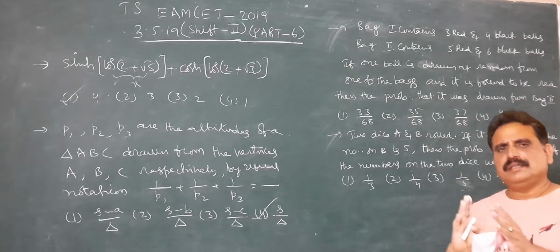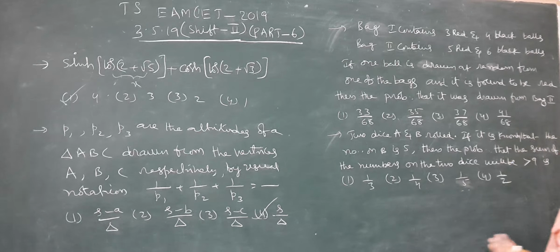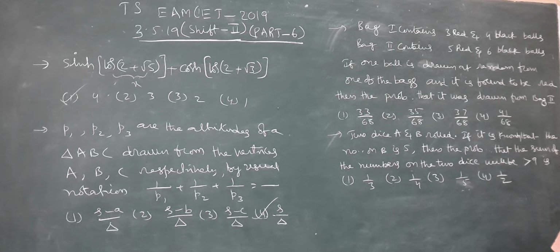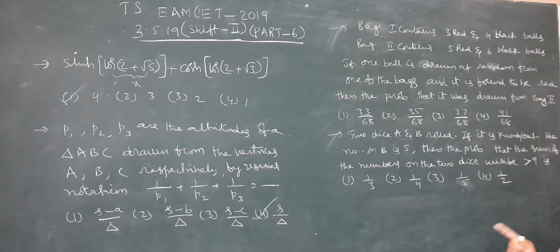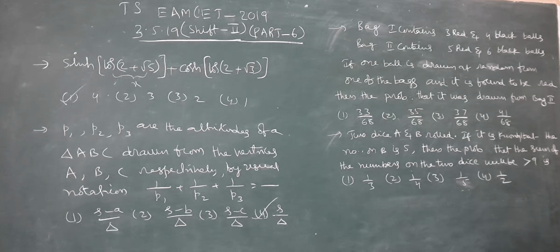Bag 1 contains such type of balls, data is given, bag 2 contains. What is the probability of the red ball from bag 2? It belongs to the Bayes theorem. You refer to Bayes theorem in regular concept, and you can directly answer that.